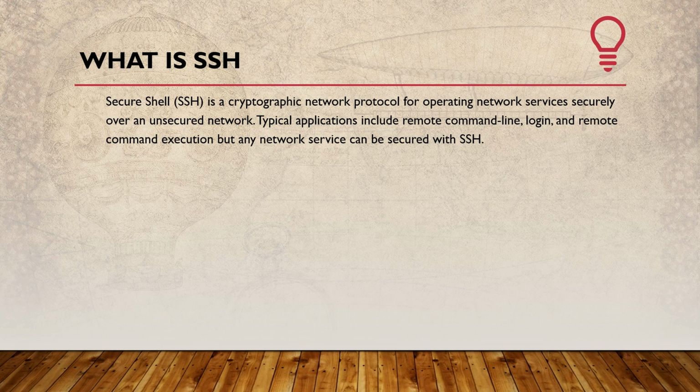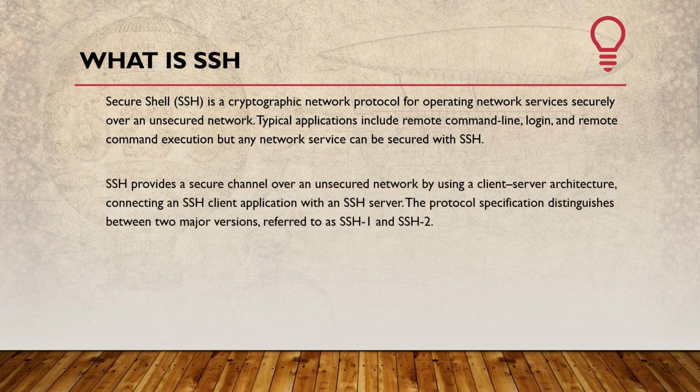Typically the applications include remote command line login and remote command execution, but any network service can be secured with SSH. The similar operation which works in Telnet will work under SSH as well; the main difference is that it is secured communication, whereas Telnet is not secure.